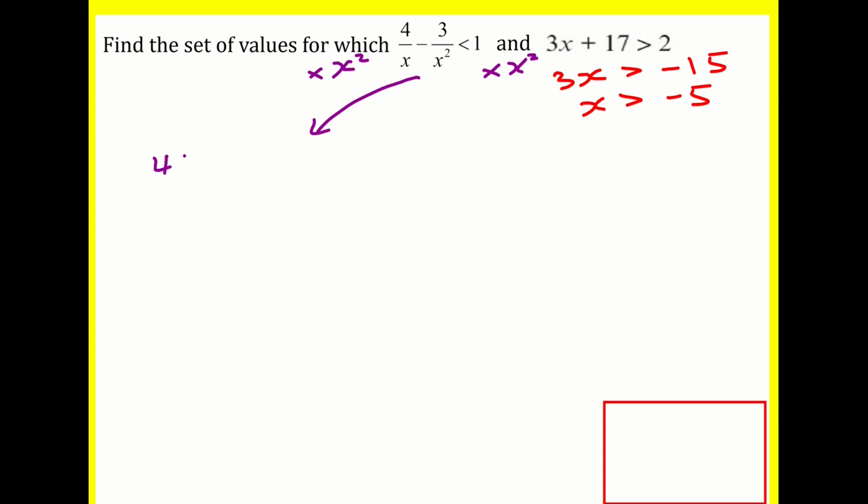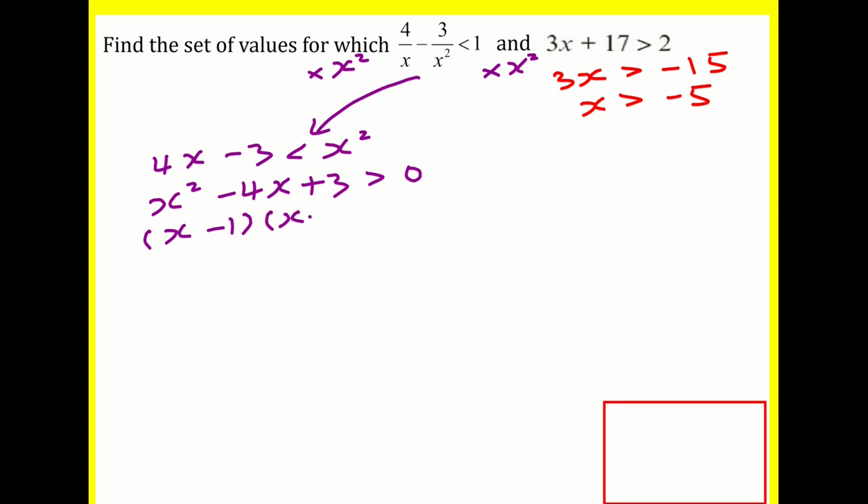So I'm going to get 4x minus 3 is less than x squared. I've times each term by x squared. And we've got ourselves a quadratic inequality again. So x squared minus 4x plus 3 is going to be greater than 0. I get a root of 1 and 3.